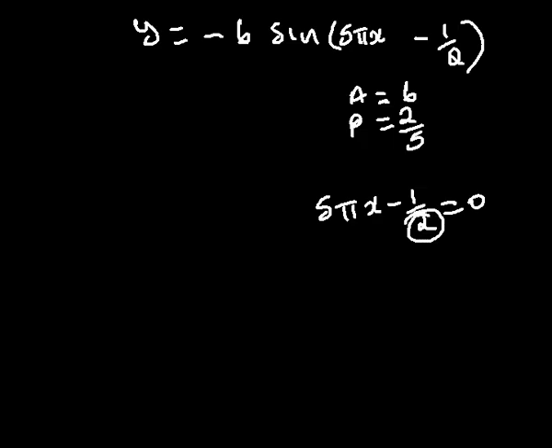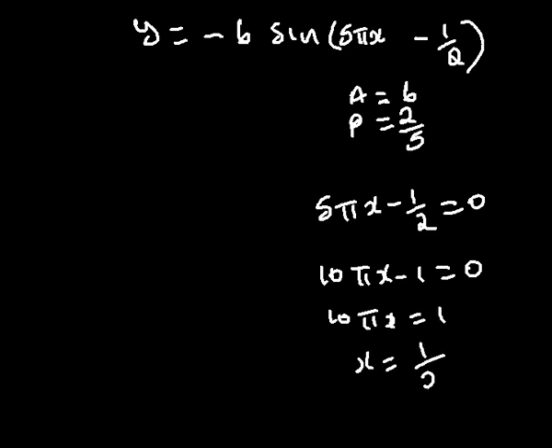To eliminate the denominator, we multiply everything by 2, and that gives 10 pi x is equal to 1. Then x is 1 over 10 pi. So that is what we call the phase shift. So the phase shift is 1 over 10 pi.